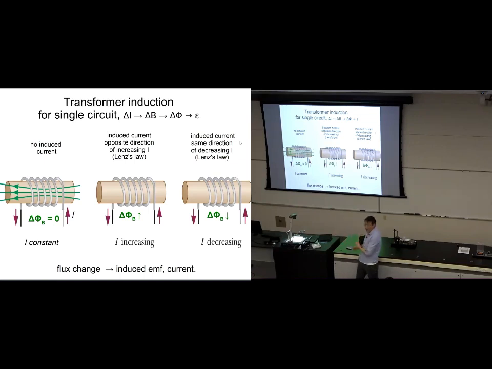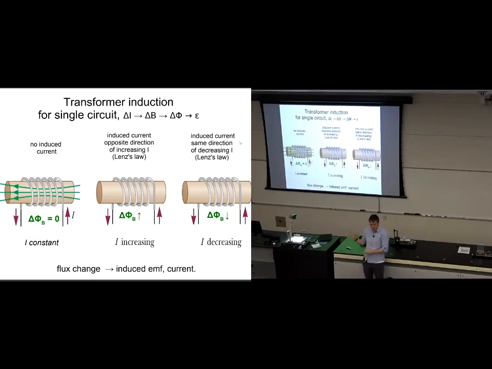And in the right-hand case where the current is decreasing, the field is correspondingly decreasing. The number of field lines through the circuit is correspondingly decreasing. So bottom line is that in this left-hand picture where the current was constant, there's no change in flux through the circuit because there's no change in the number of field lines through the circuit.